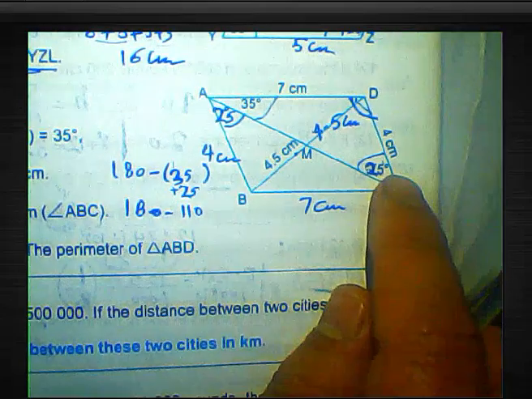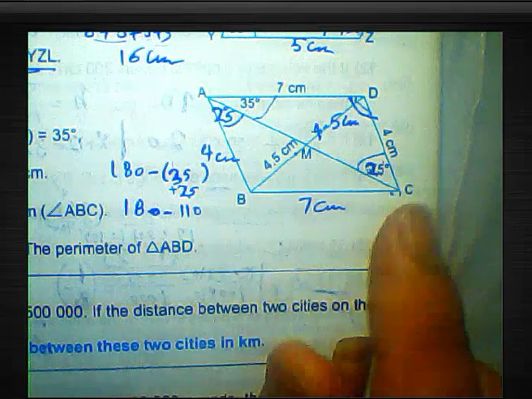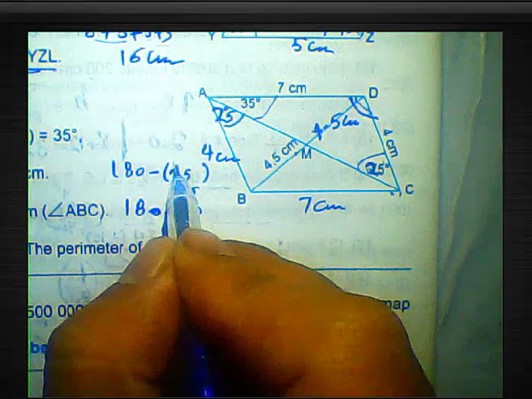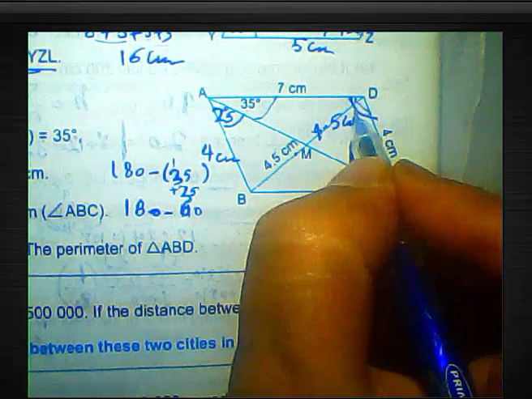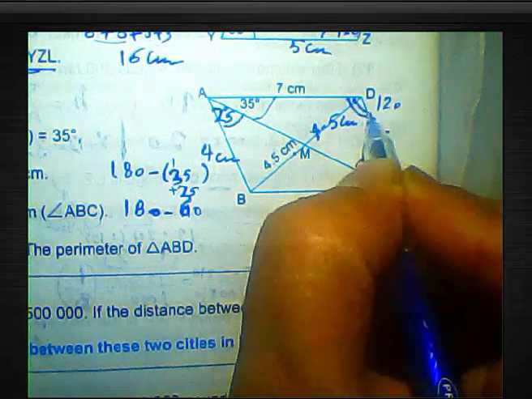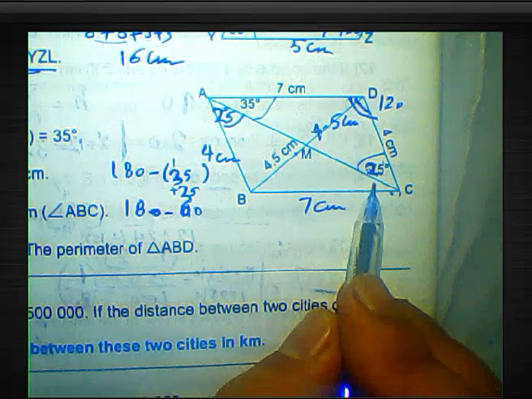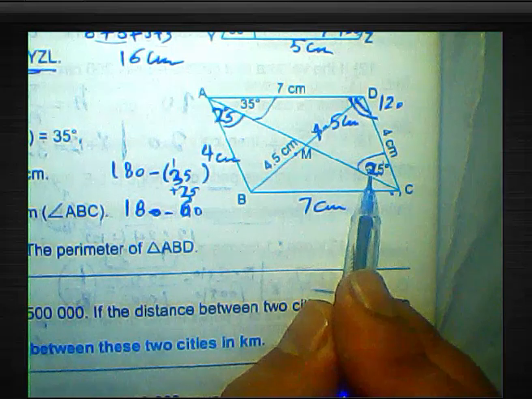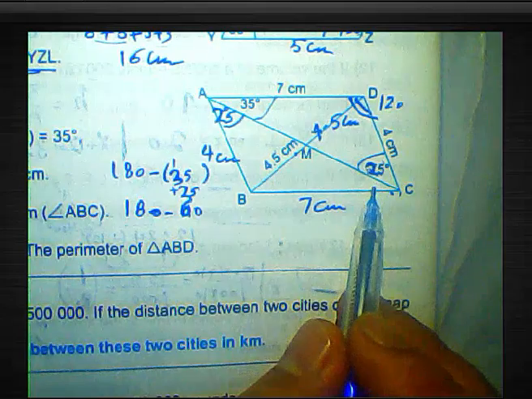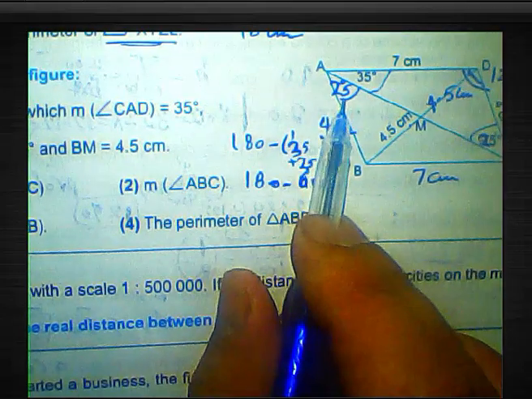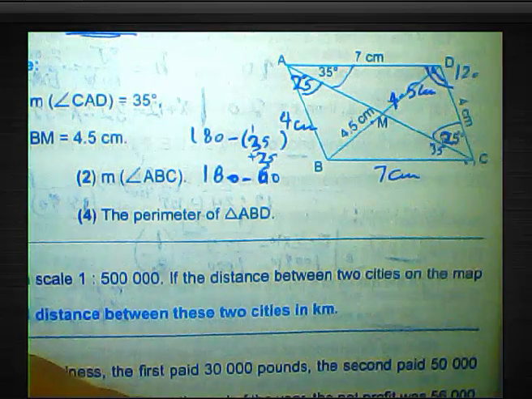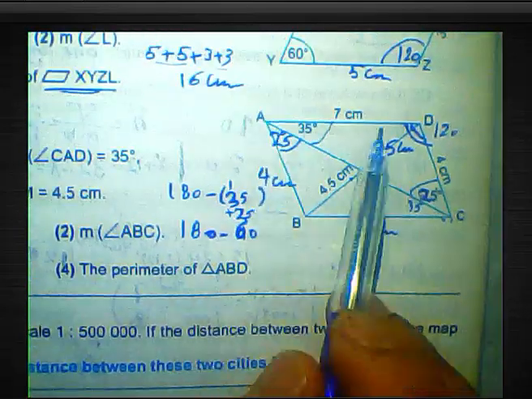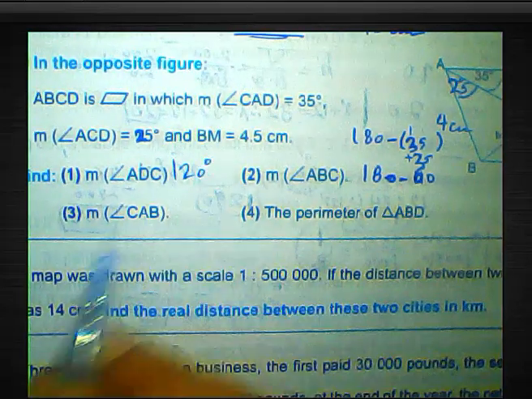Again, this angle 25 and this angle 35. Sum of them: 5 plus 5 equals 10, 0 and carry 1, 3 plus 2 plus 1 equals 6. It will be 60, 180 minus 60 will be 120 because it's an obtuse angle. So we must clear this digit here. And this angle will be 25, alternate angle. This angle will be 35. Measure of angle ADC will be 120 degrees.